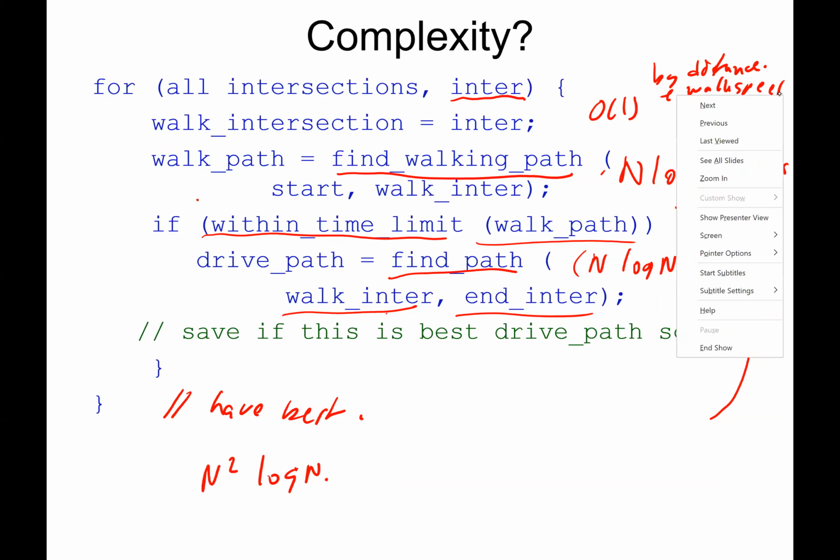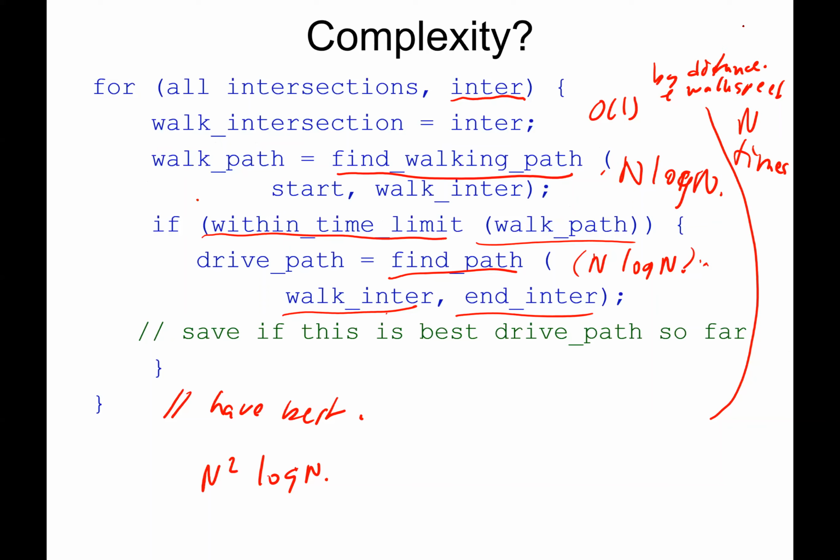If I did that, then I'm not going to need to call find walking path nearly as many times. I only have to call it for things that are actually close, that have some chance. Say there are k of those. And for each of those, I'm going to call my driving find path. But if I do that, I've cut the complexity quite a bit. It's now k times n log n.